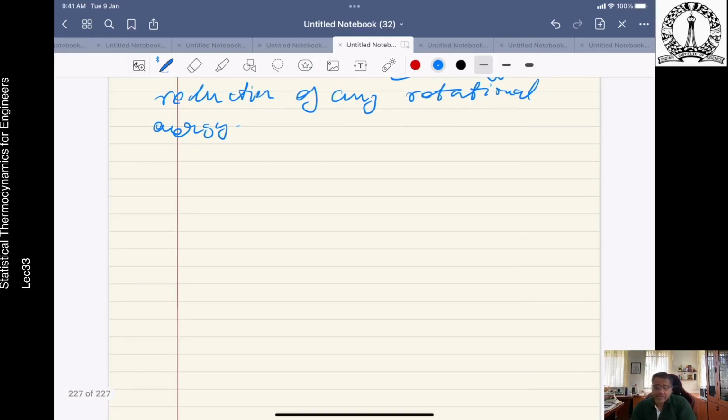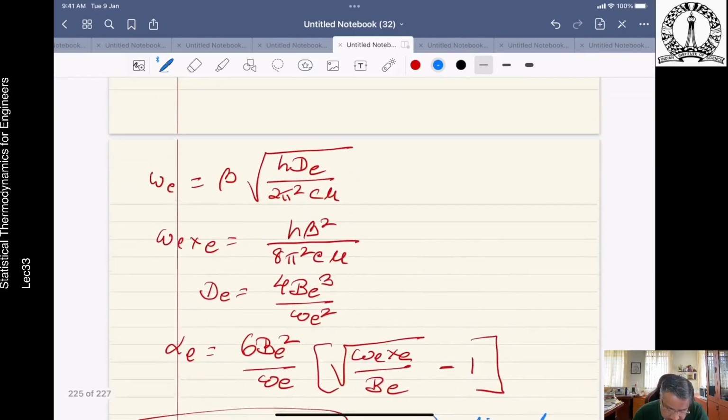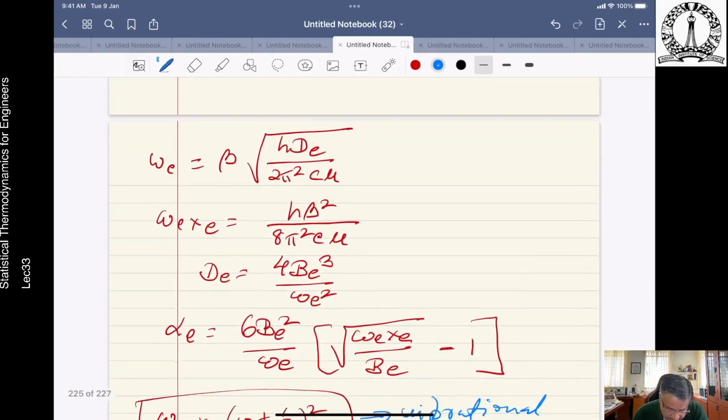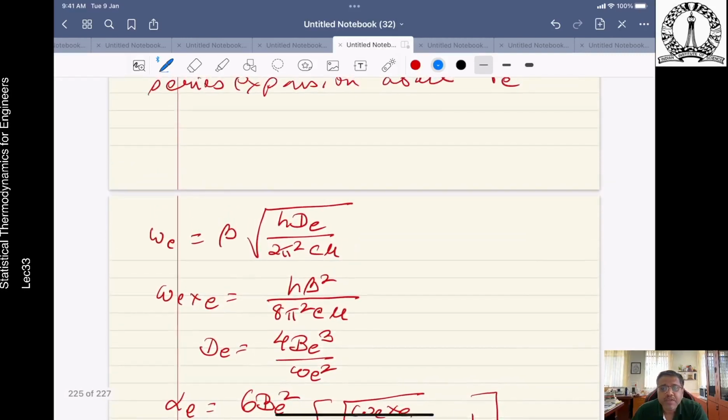Now if we eliminate beta from here, from these equations, you have a beta here and here.